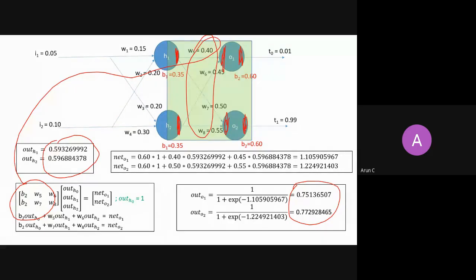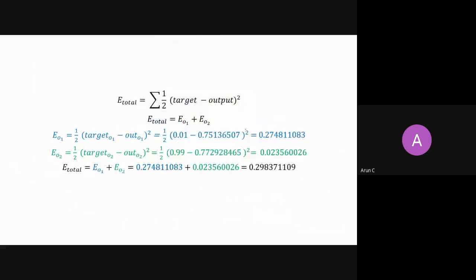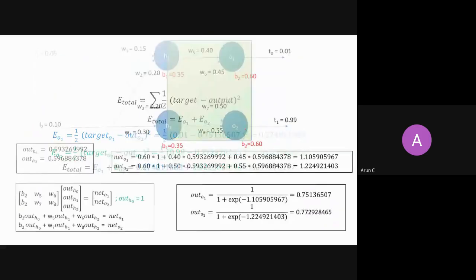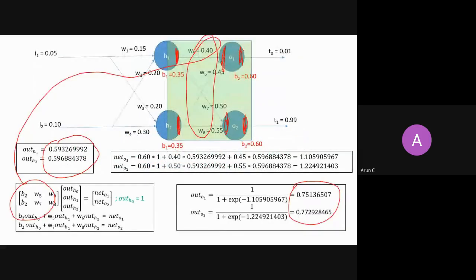So you get 0.75, 0.79. Finally, just remember that you get 0.75 here, right? And here you get 0.77, right? The expected target was 0.01 and 0.99.